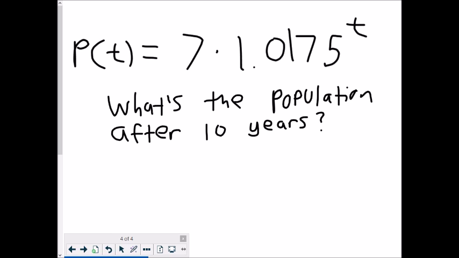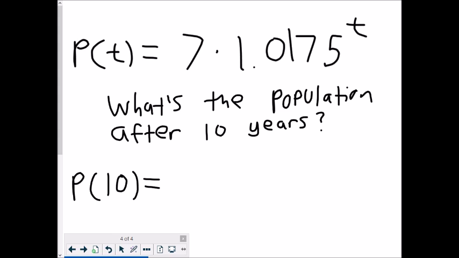Okay, so what's the population after 10 years? Basically, you rewrite this according to the years. P of 10, because it's 10 years and it matches what T is supposed to be.